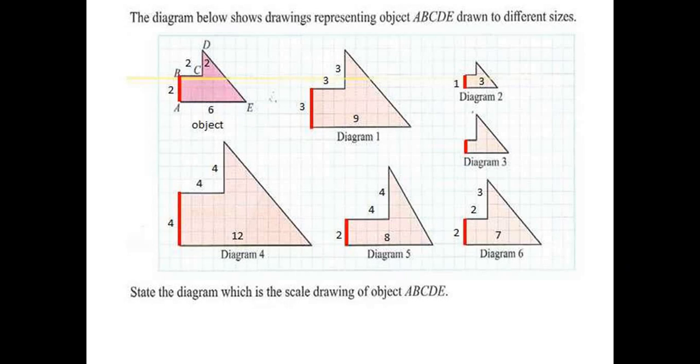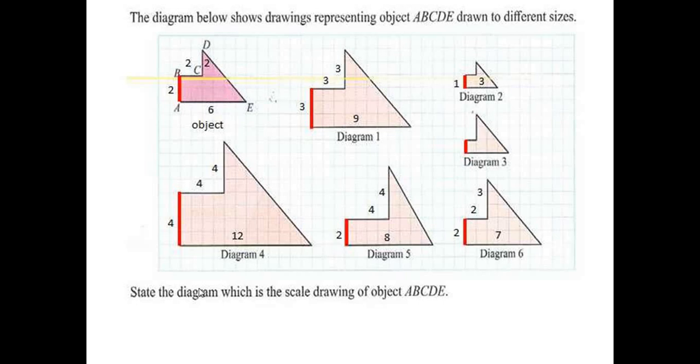Now we try to apply what a scale drawing is. The diagram below shows drawings representing object A, B, C, D, E drawn to different sizes. So you will have object A, B, C, D, E, and you will have the drawings.